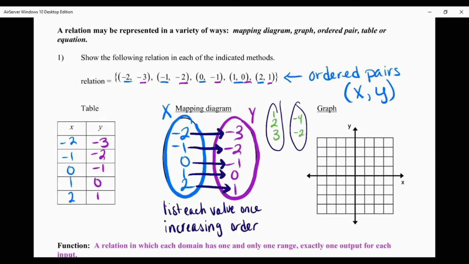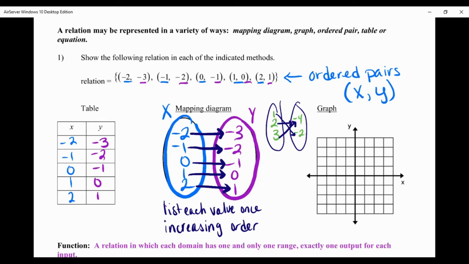We would have intersecting maps. So like 3 might map to -4, 2 might also map to -4, and 1 might map to -2. So you can have more than one value mapped to the same value. You can have one value mapped to 2 different values, and those arrows typically would cross a little. Our arrows in this example did not cross because this is an example of a linear function. Each x value increases by 1, and correspondingly the y values increase by 1, so the map is straight across.